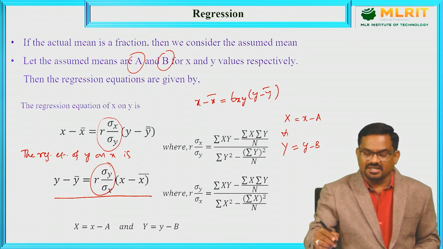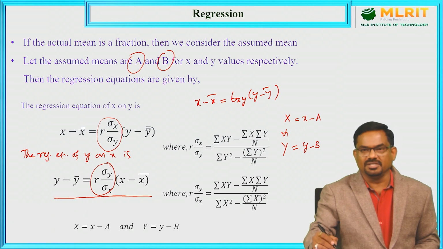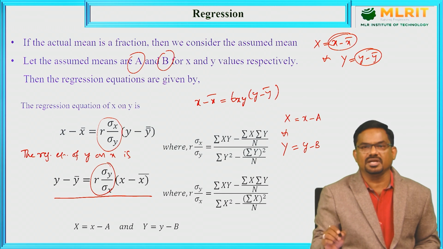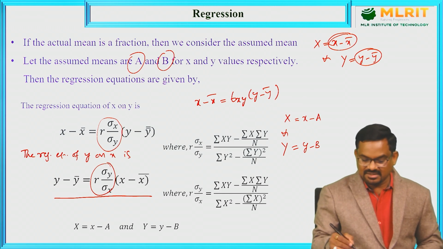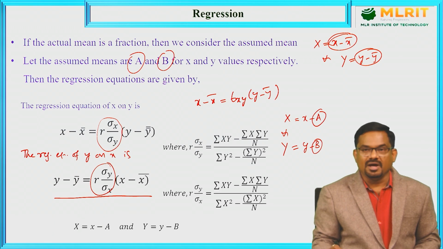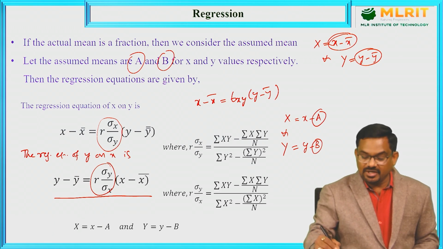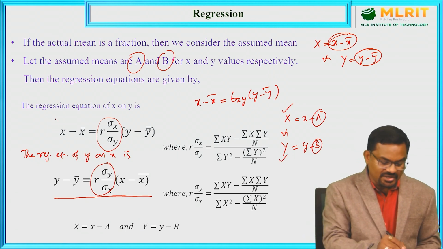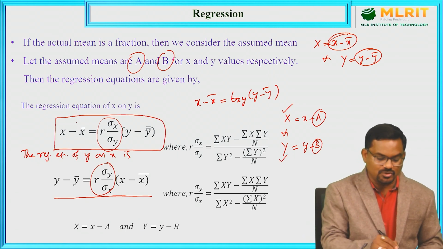In the previous case, if the means are the actual means which are whole numbers, then capital X is x minus x bar and capital Y is y minus y bar. So x bar and y bar are the original true means, whereas in this case we use the assumed means. The important point is that we use the assumed means only to find capital X and capital Y, but in the original regression equation we have to use the true means only.